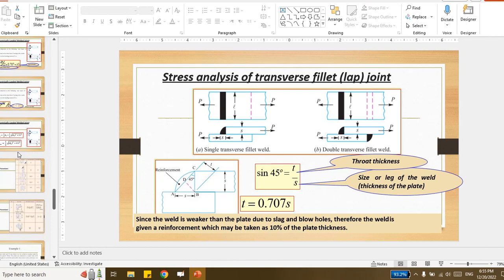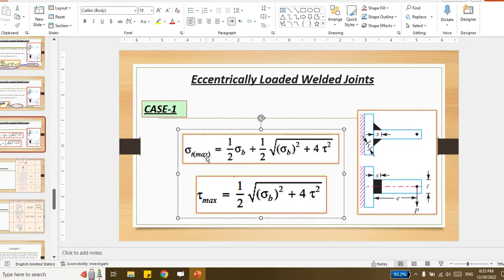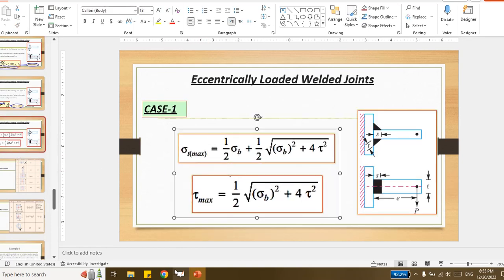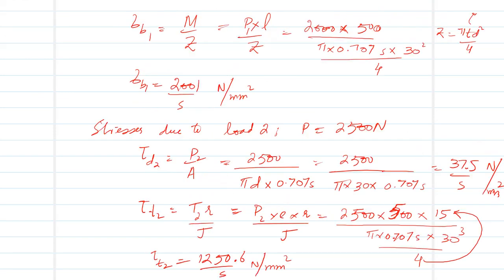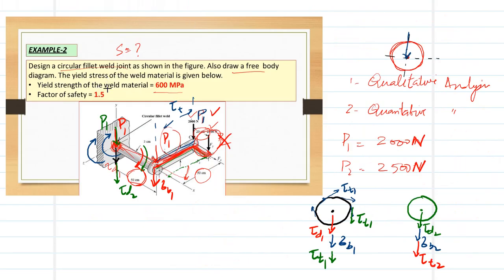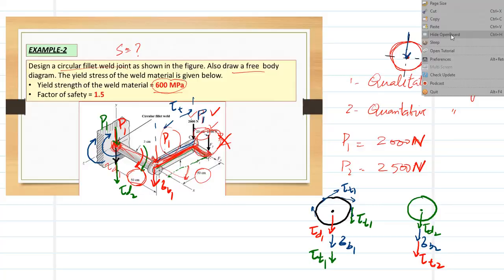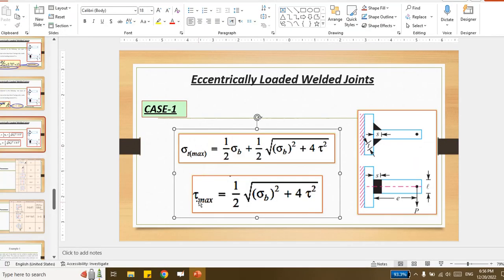Yes, from the lecture slides, we know that in the problem the yield stress is known. So we can use either the normal stress formula or the shear stress formula. Clear? We preferably use the shear stress formula, tau maximum. So just go back to the board.